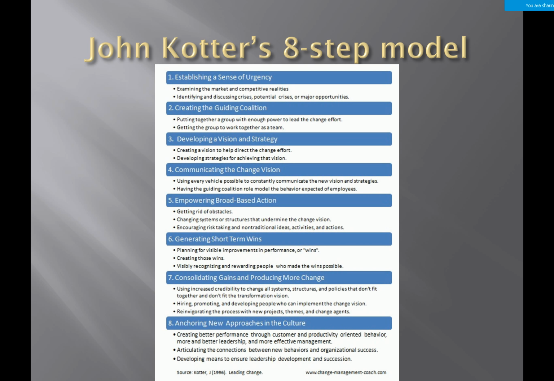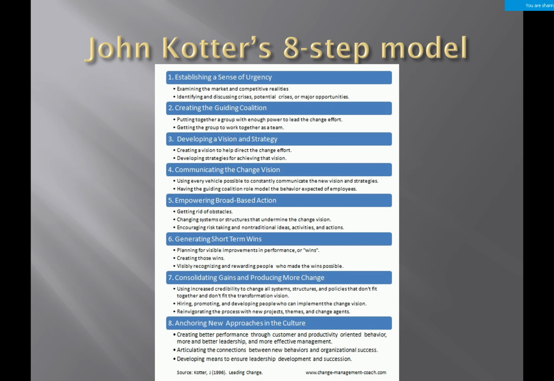So if you look at the model, it has 8 steps, okay? First is establishing a sense of urgency. Second step is creating the guiding coalition. Third step is developing a vision and strategy.